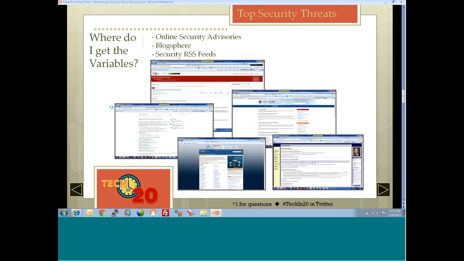So where do we get our variables? The constants are in our blood as a security professional. You learn them at school, you learn them in your business from day one, you understand them. But the variables are constantly changing. The Internet obviously is a huge source of that variable information, the flavor of the day problems and so on.